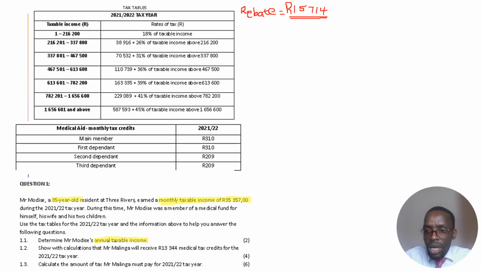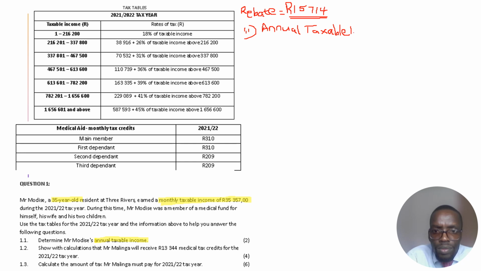Question 1.1: the annual taxable income is going to be calculated as we said.